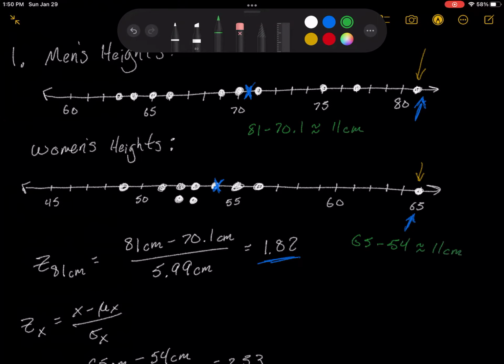So even though both individuals are 11 centimeters away from their center, men's heights have a wider distribution. They have a larger standard deviation. So this height right here isn't that surprising. It's only 1.82 standard deviations away. This woman measuring 65 centimeters, though, is surprising. It meets that significance threshold of being 2 standard deviations away from her center.